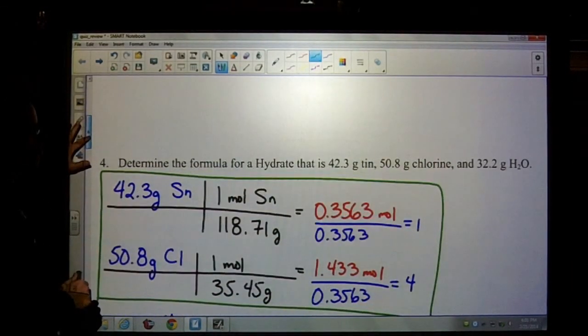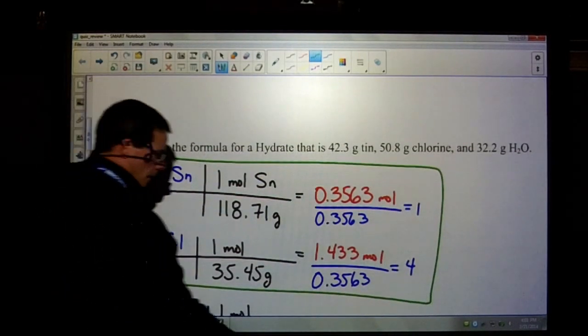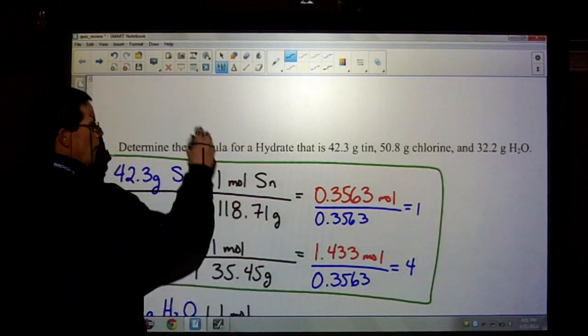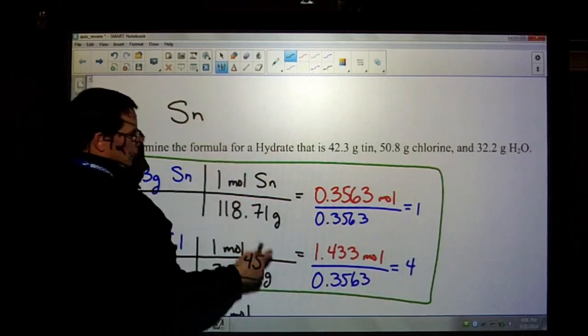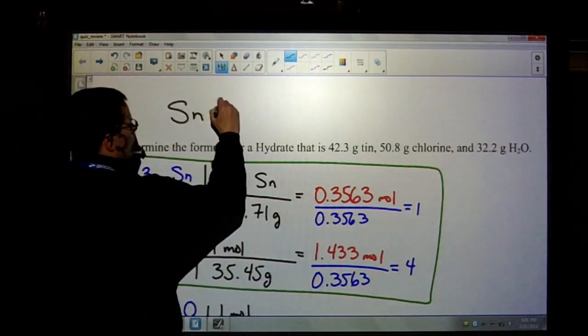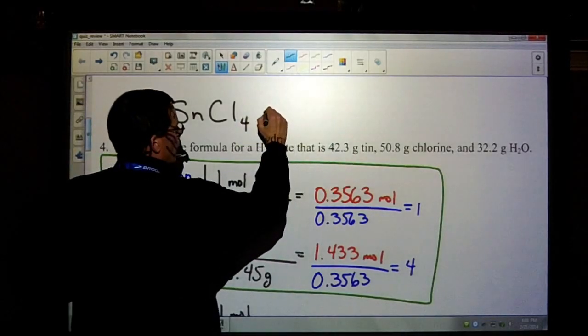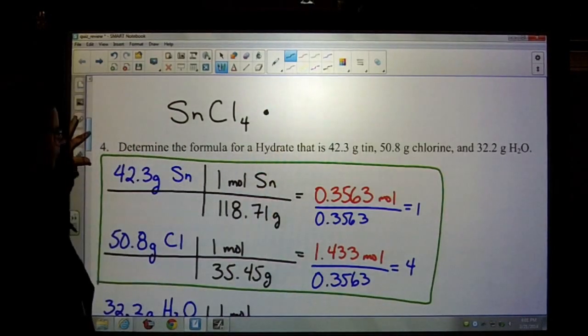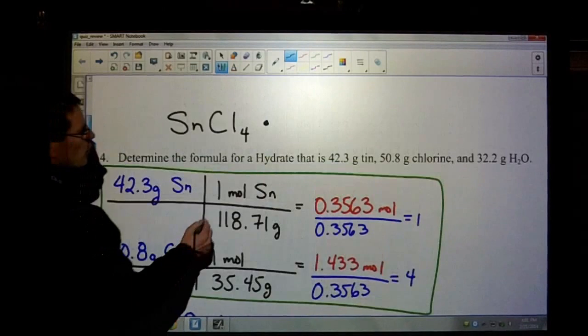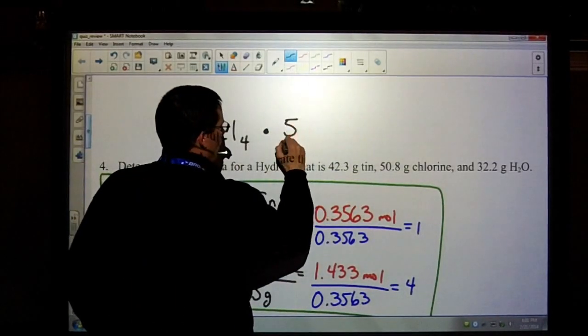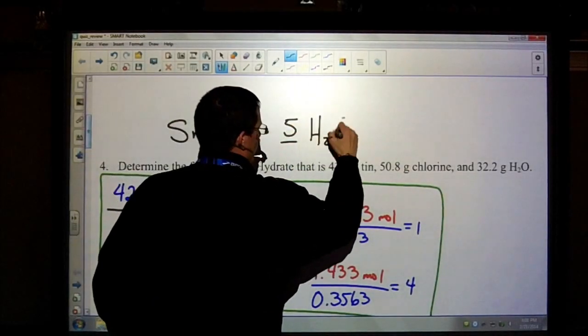So let me see if I can cheat here. My formula is going to look like this. I'm going to have 1 tin, because of a ratio of 1, chlorine, I'll actually have 4 of those, and then my waters, I have 5 of those. So that means I have 5 water molecules chemically attached to that.